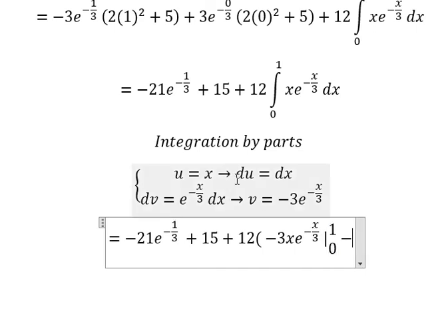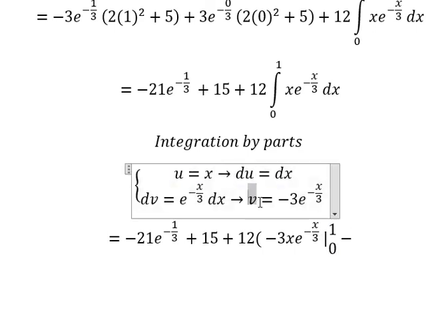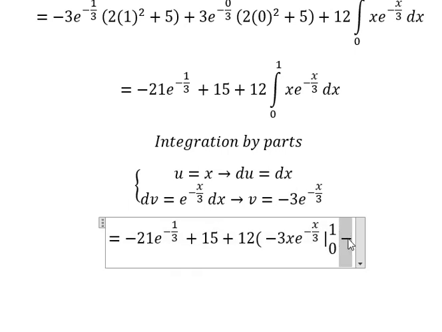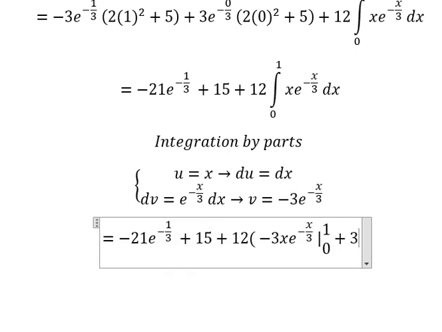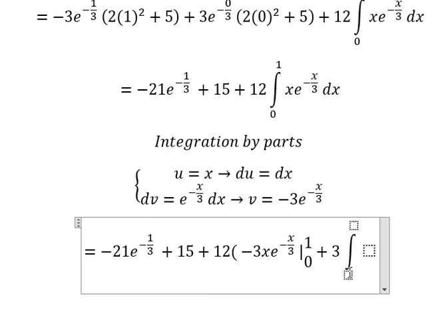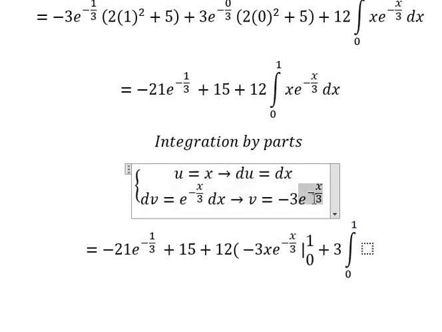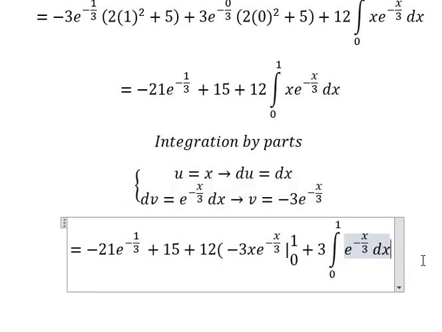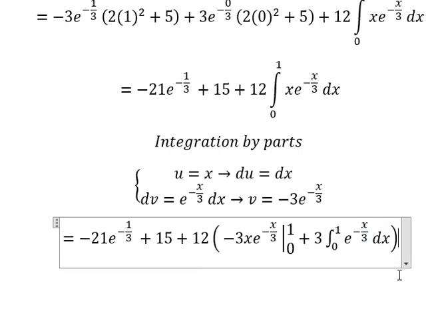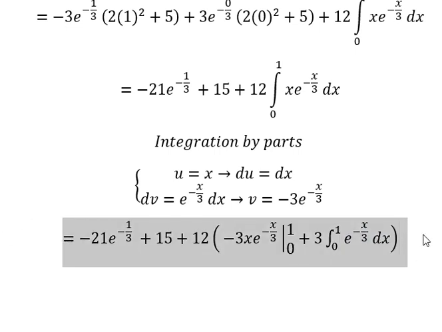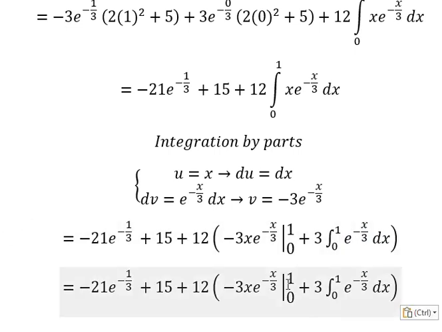Minus, we have u multiplied by v, so negative 3 with negative in here, we have positive 3, and we have the integration from 0 to 1, and we have this one and this one. So I will put 1 and 0 going here.